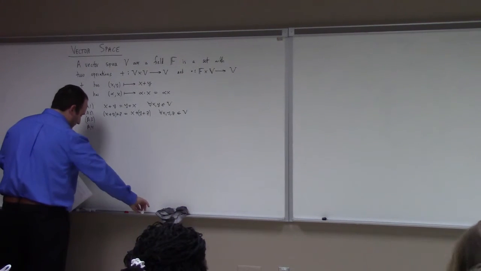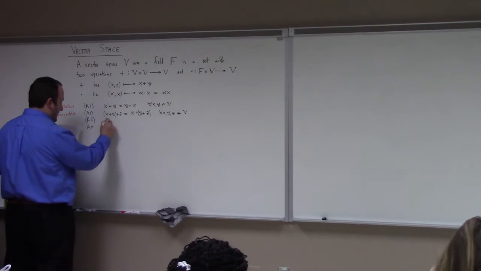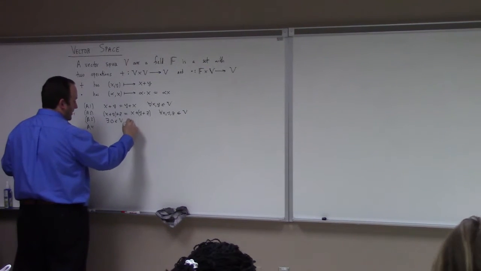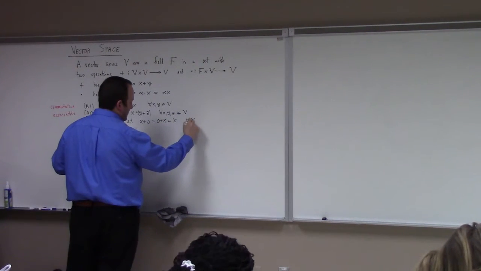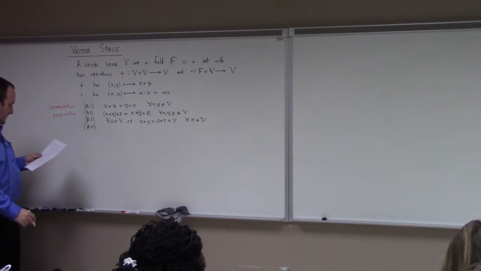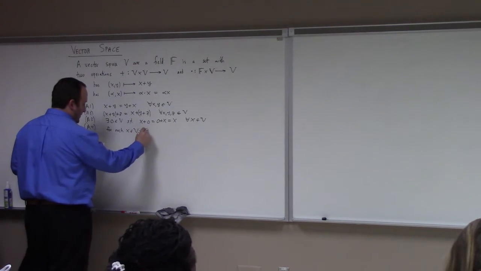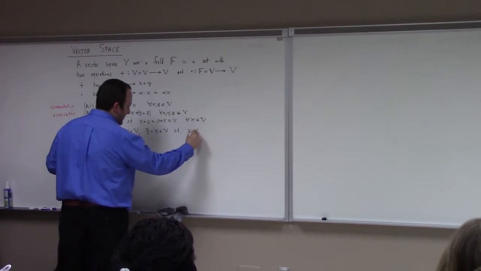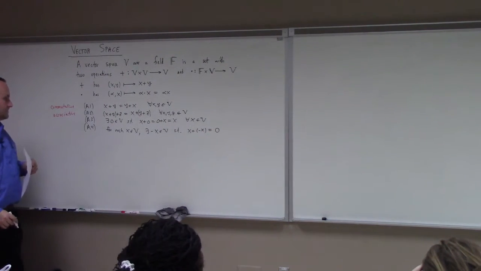What else is there? Well, axiom 3. There exists a zero vector, 0, in V, such that x plus 0 is equal to 0 plus x is equal to x for all x in V. Then axiom 4 is that for each x in V, there exists minus x in V, such that x plus minus x is equal to our friend from axiom 3, 0.